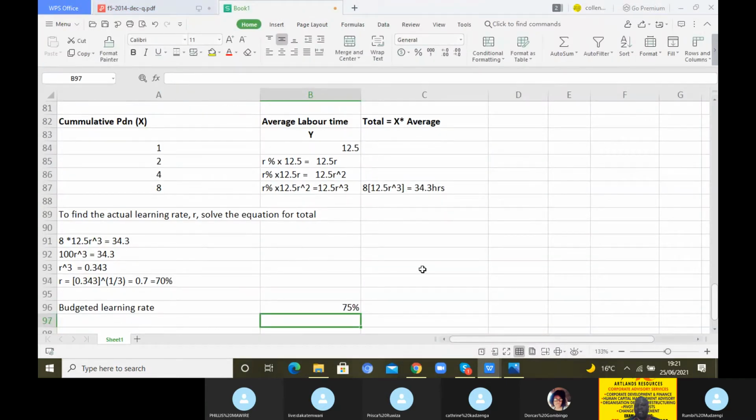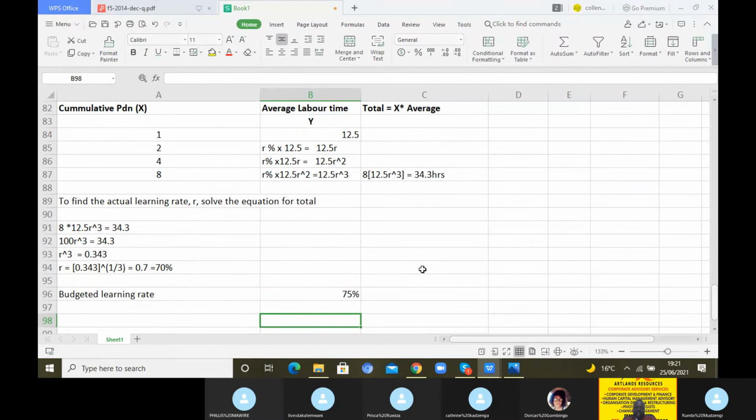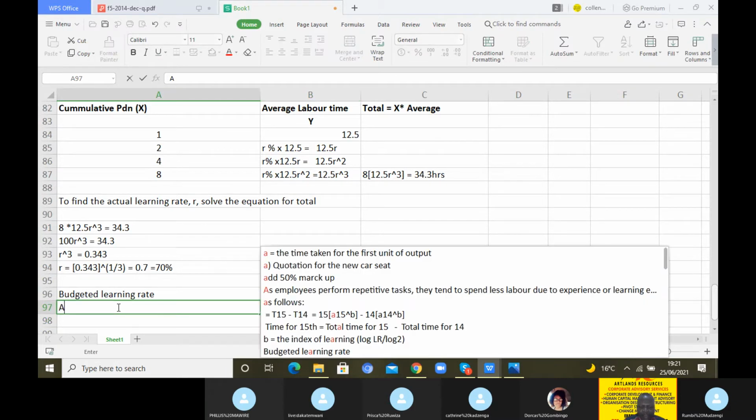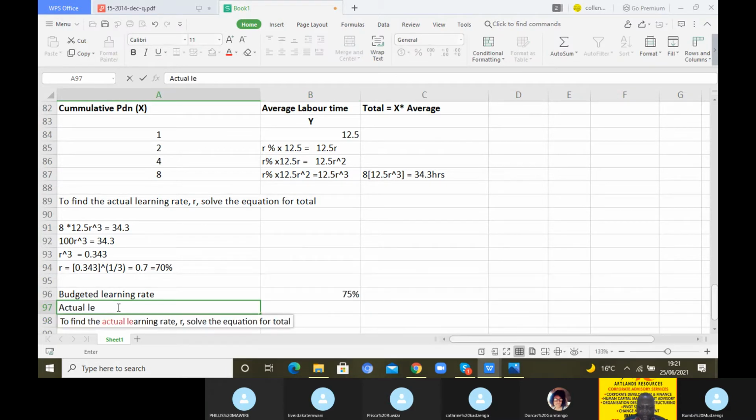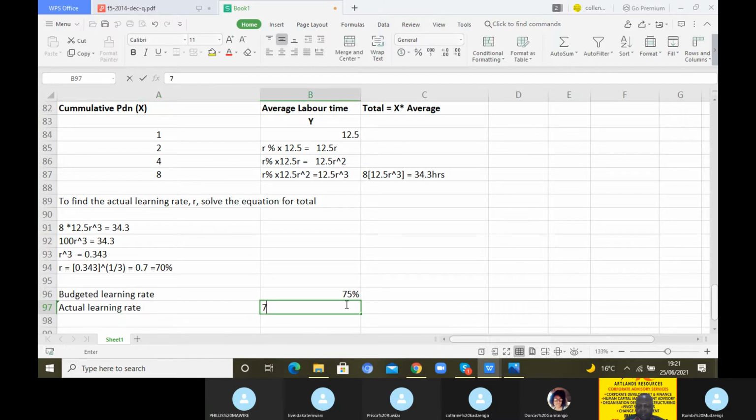You know, 75% means employees are taking 75% of the previous time. That's what it means. Then the actual learning rate that we have calculated just now is 70%.